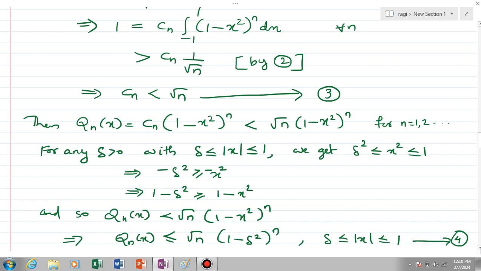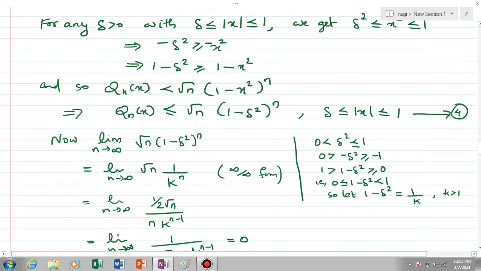Taking negatives on both sides and adding 1, we get 1 minus delta square is greater than or equal to 1 minus x square. And so Qn of x is less than or equal to root n into (1 minus delta square) raised to n whenever delta is less than or equal to mod x less than or equal to 1. That is equation number 4.